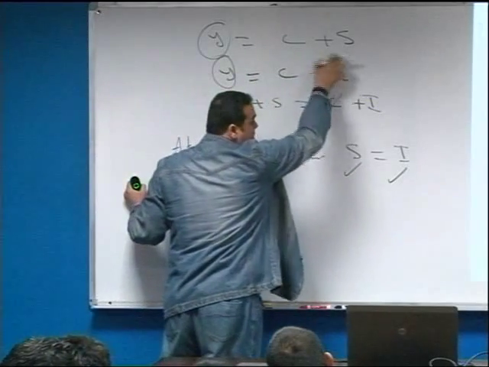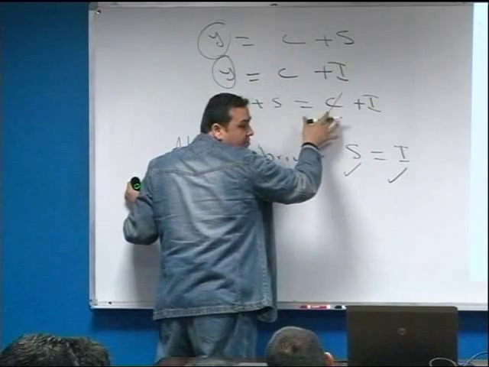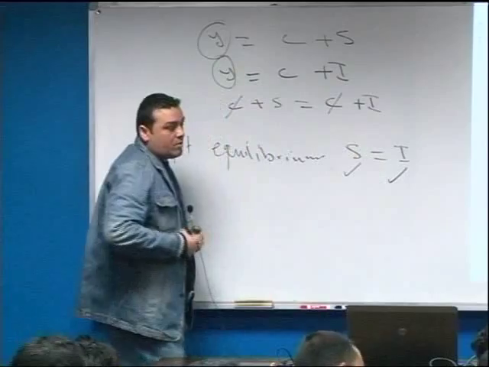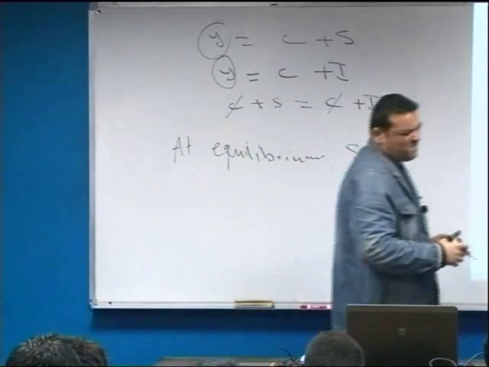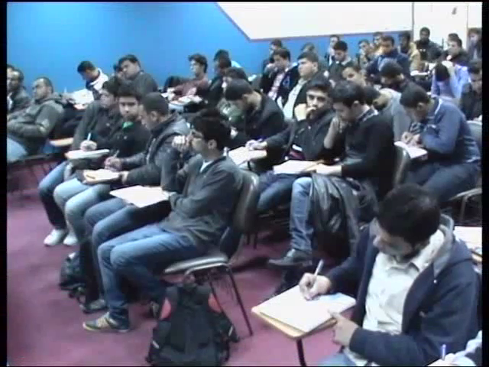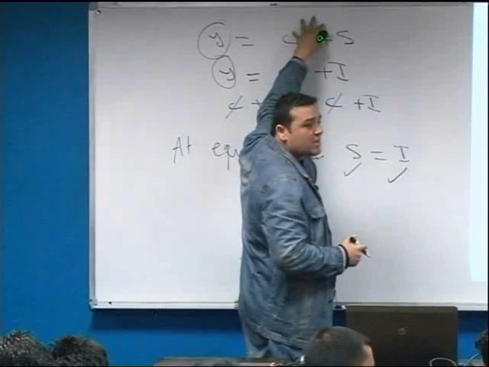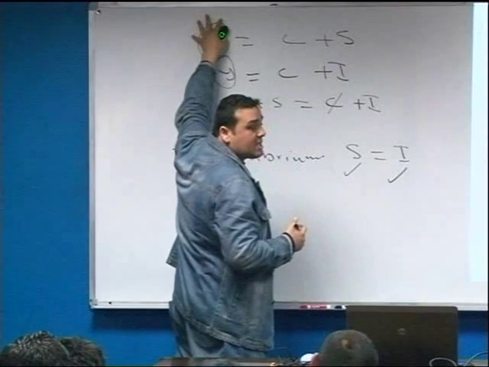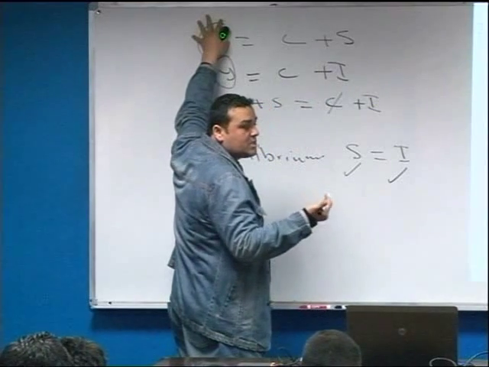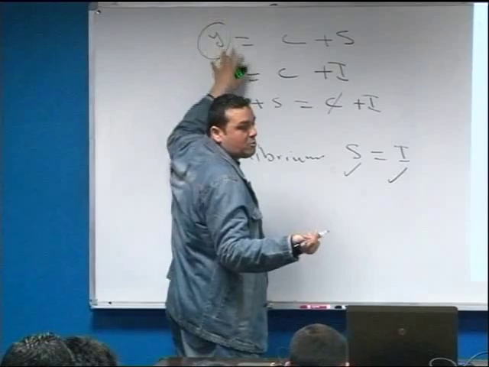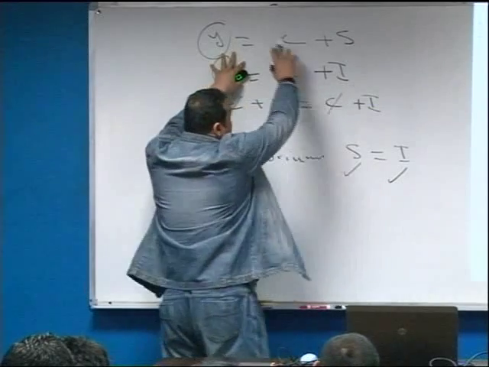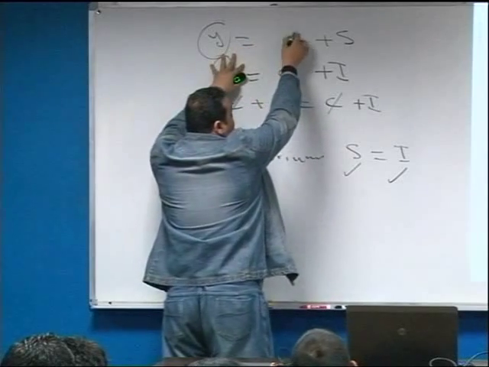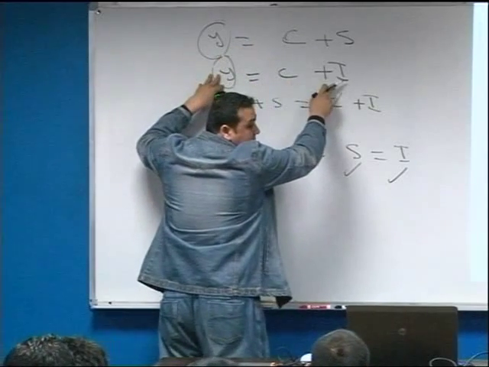C plus S equals C plus I, deduct C, so S must equal I. For the household sector, we are talking about aggregate income, and as mentioned, aggregate income equals aggregate output. For the business sector, aggregate income equals C plus I, the aggregate output.